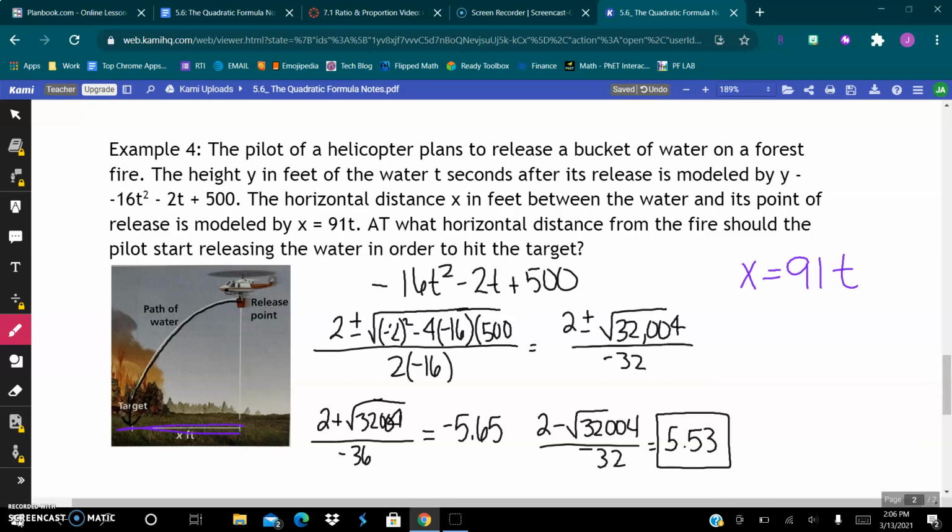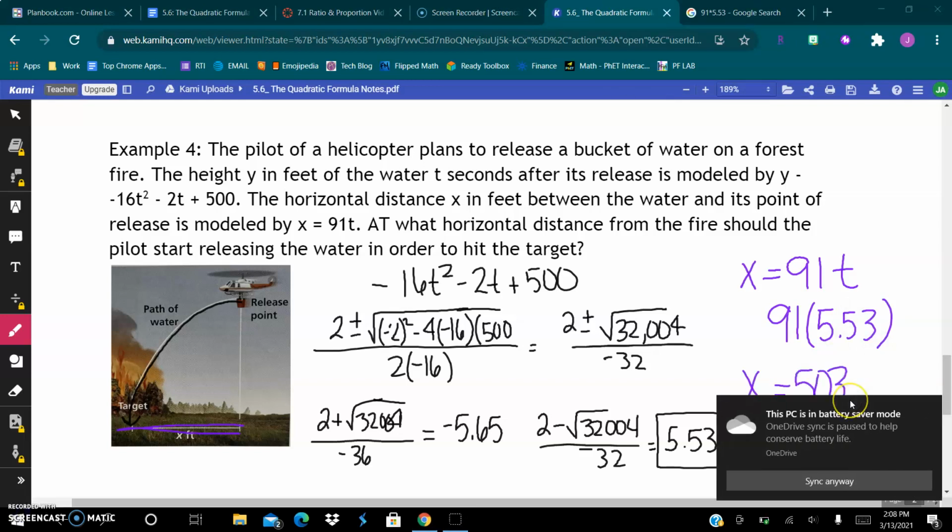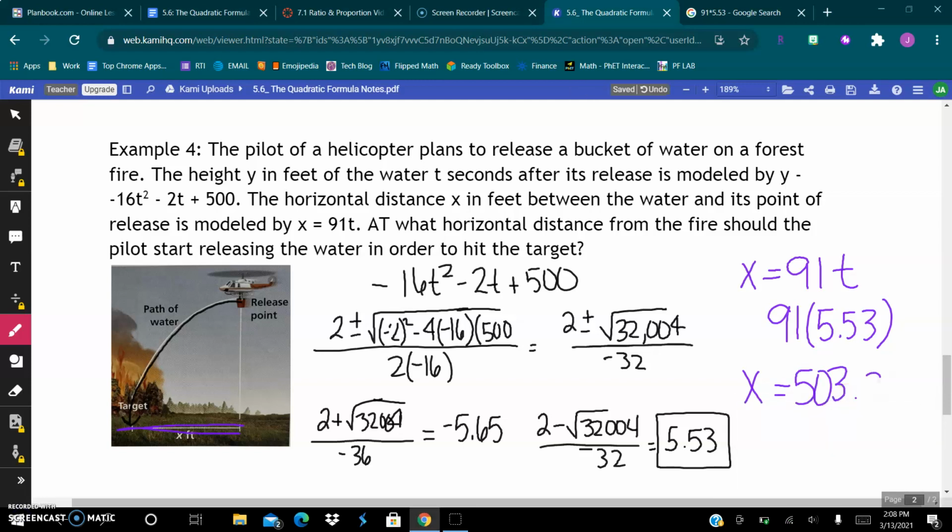And now that we know t is 5.53, we can do 91 times 5.53, and x would equal 503.23. So the pilot should release the water about 503 feet away from the fire.